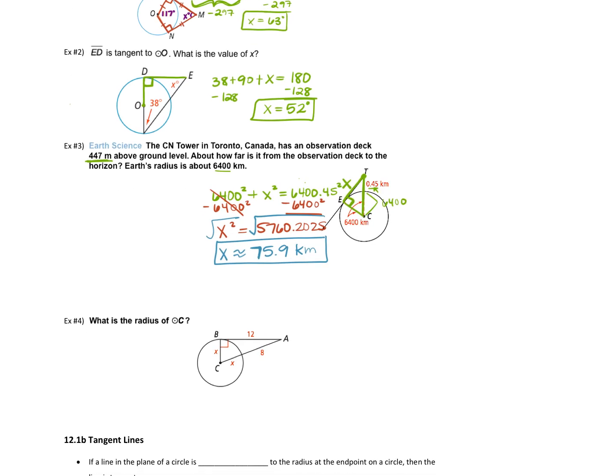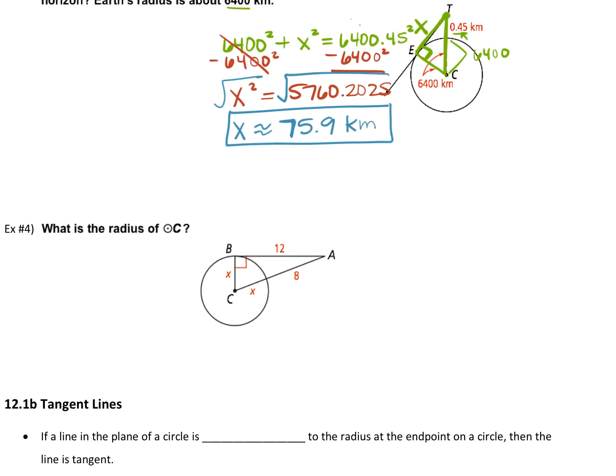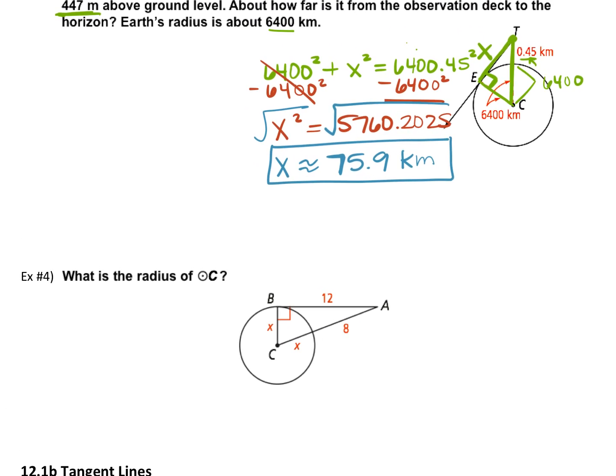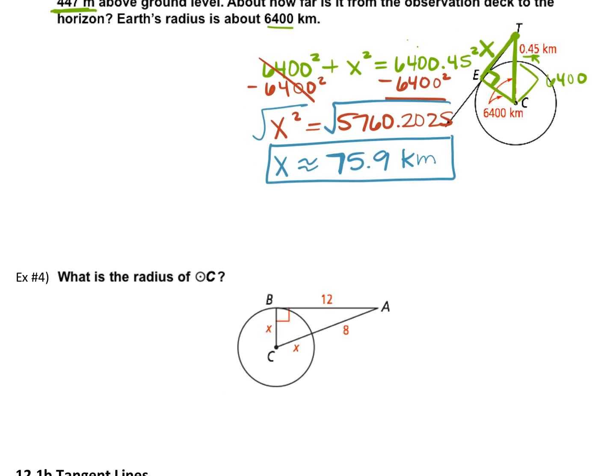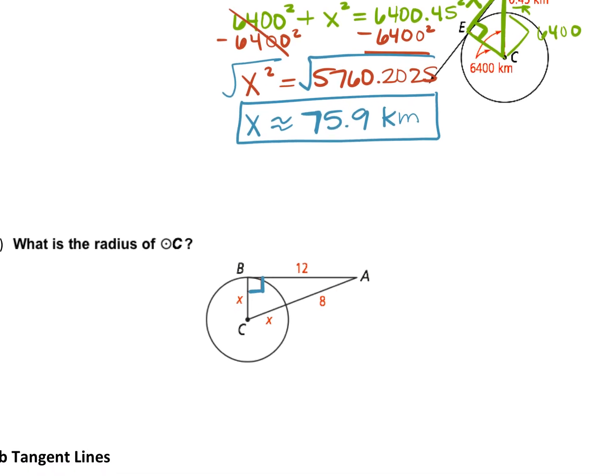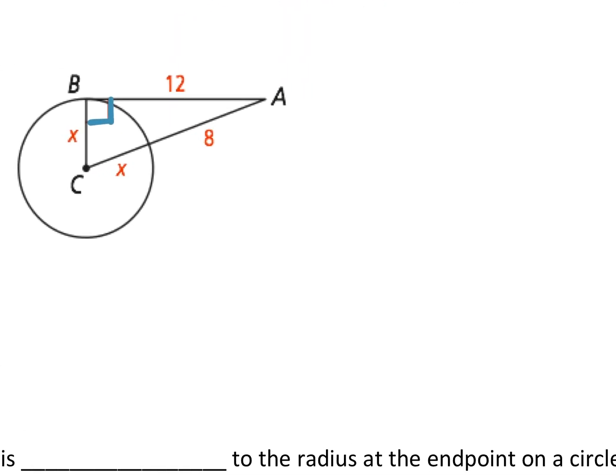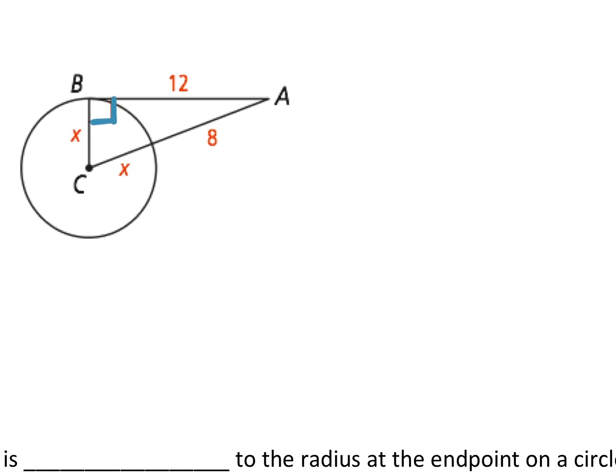Okay, last thing then, and this is probably the trickiest one. This one asks the question, what is the radius of this circle? So this is tangent, meaning this is a right angle. How do you set this one up? x squared plus 12 squared equals x plus 8 squared.